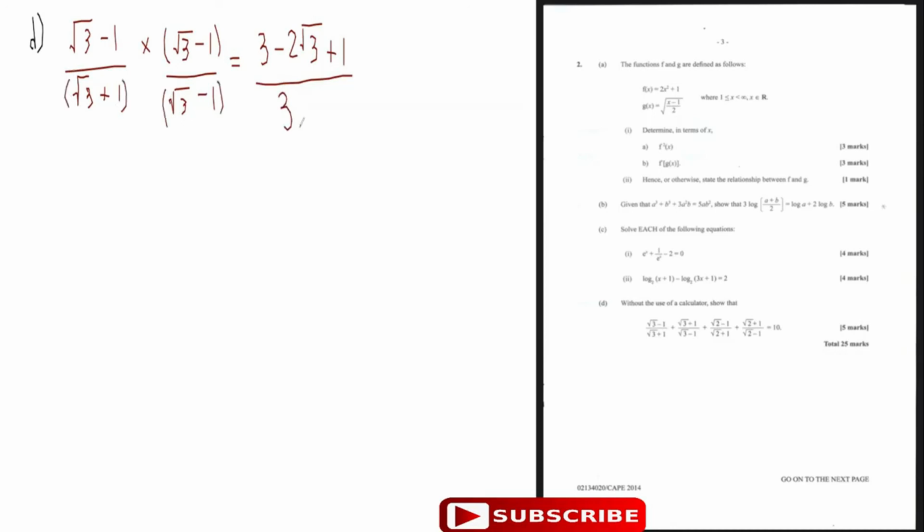So this works out to be 3 minus 1, which is 2. The numerator works out to be 3 plus 1, which is 4, so 4 minus 2 root 3 over 2.